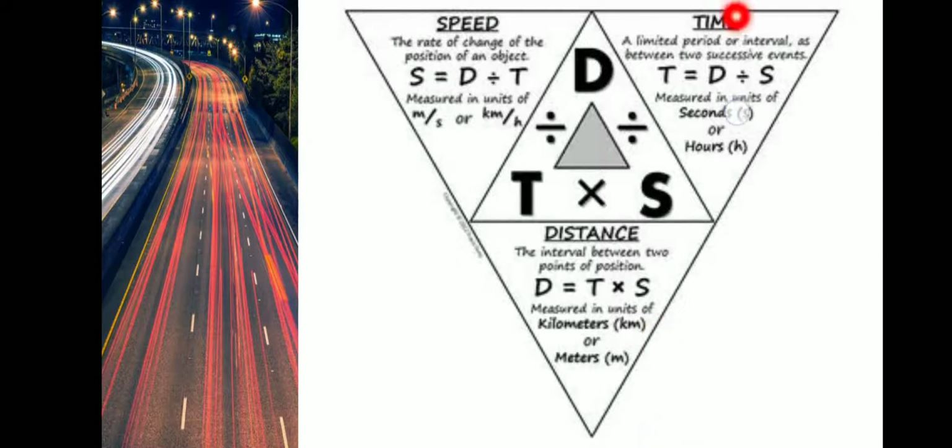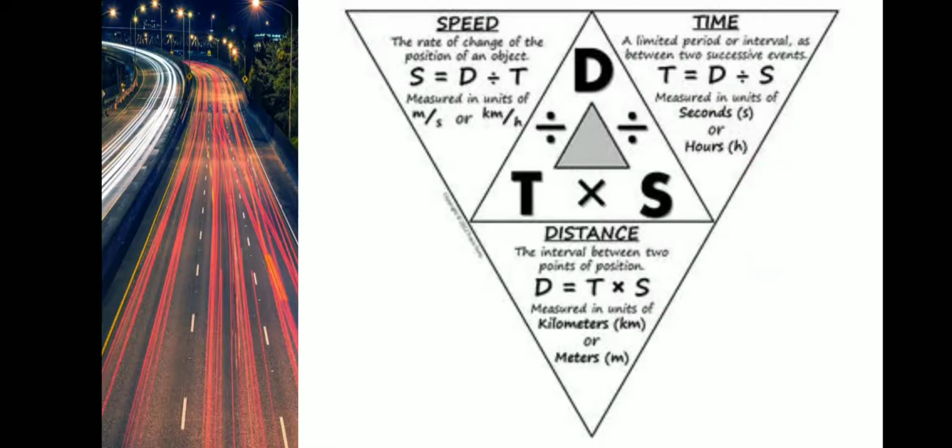Now let us see time. Time is a limited period or interval as between two successive events. Time is equal to distance divided by speed, and it is measured in units of seconds or hours.